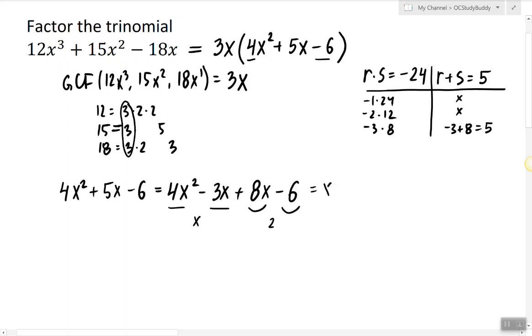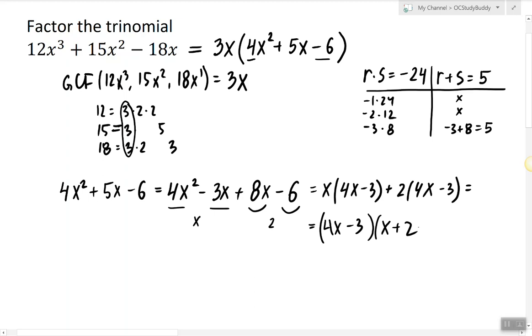So we're going to factor out x from the first two, and 2 from the second pair, and now we see clearly that 4x minus 3 can be factored out, and we have x plus 2 left.